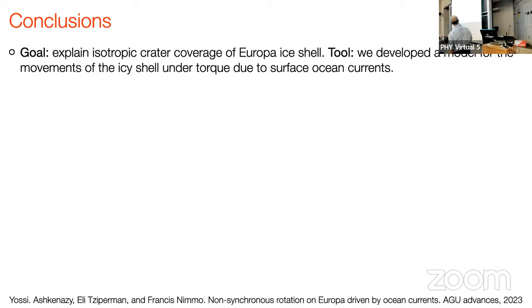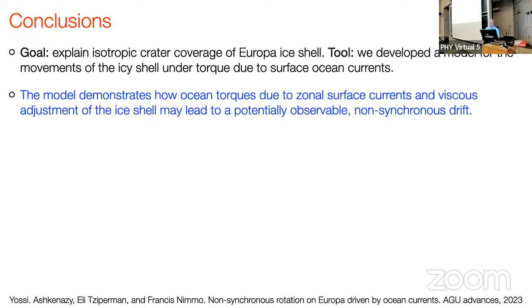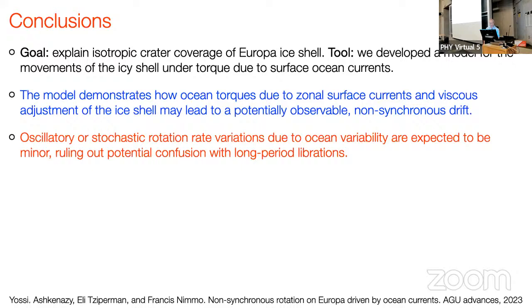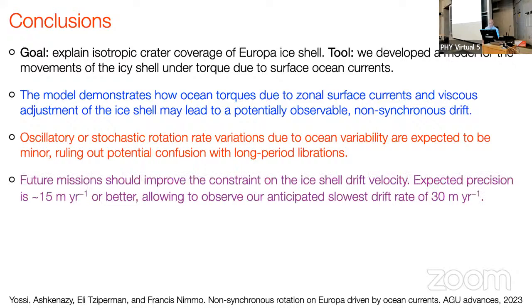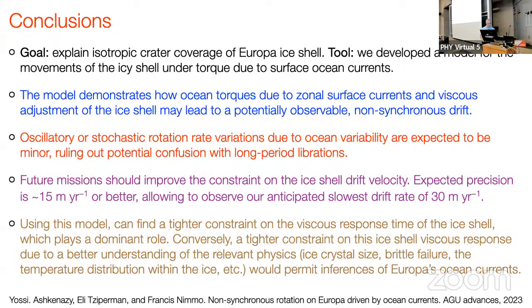So the idea was to explain the crater coverage on Europa's shell. We developed this simple model, which is basically a harmonic oscillator-like model, and we have a torque due to the ocean forces. We have some observational constraint on the drift velocity, and this tells us how rapid the viscoelastic adjustment is and so on.